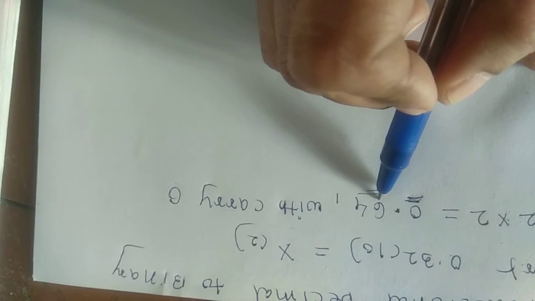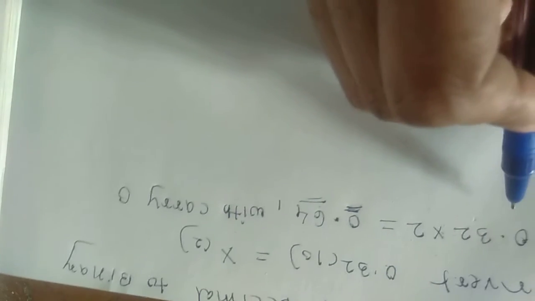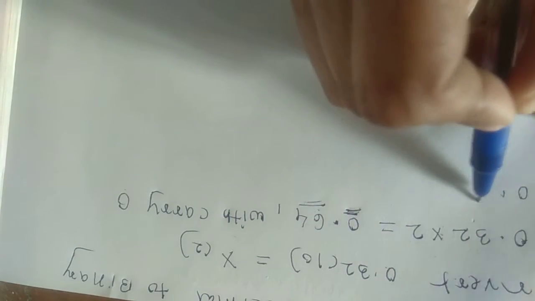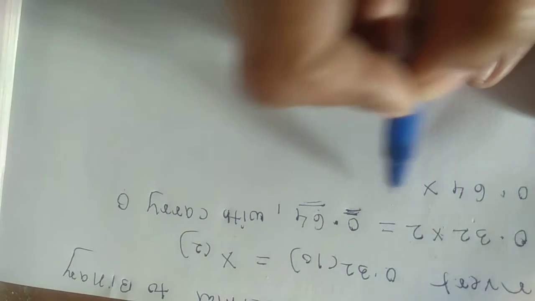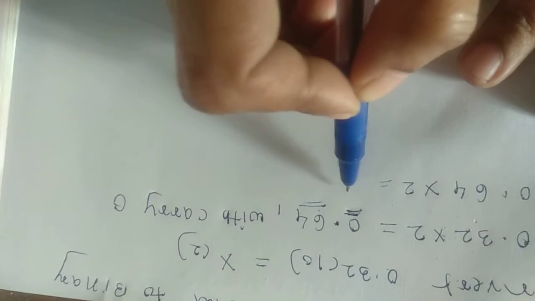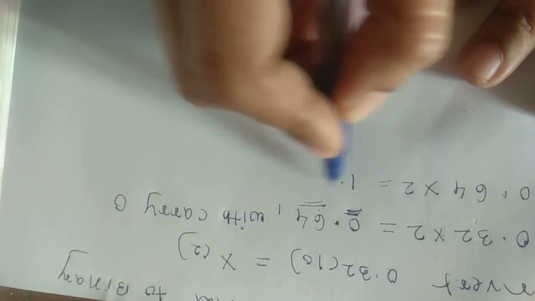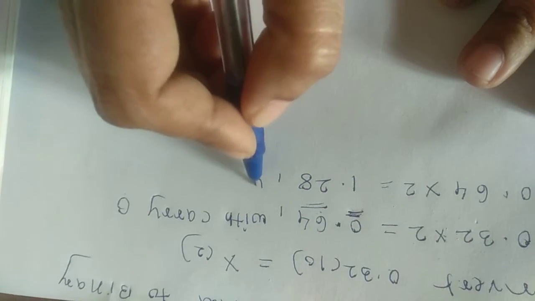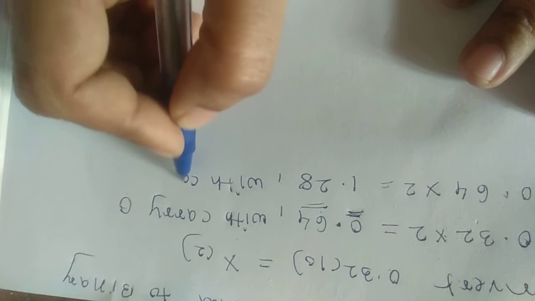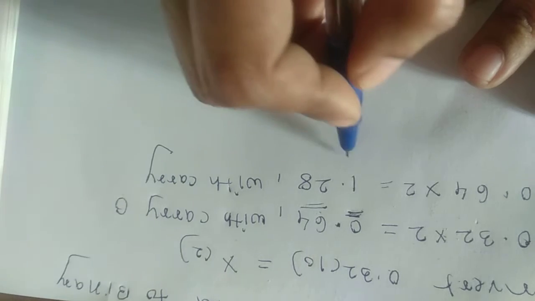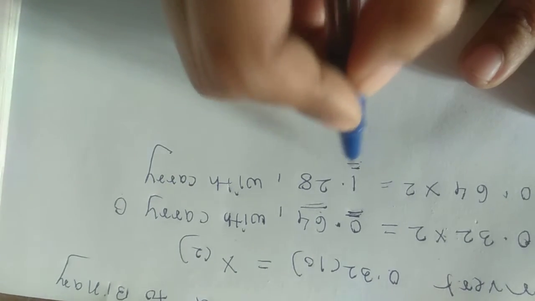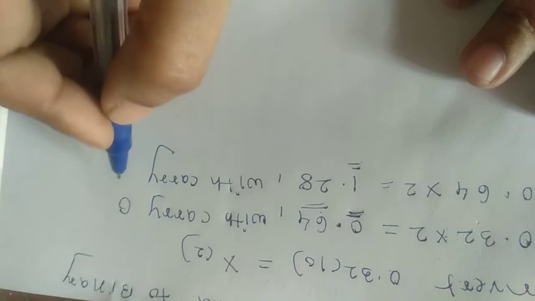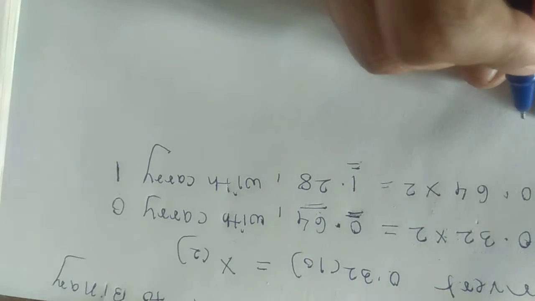Whatever integer is there will be called the carry. Now here we have got 0.64. Again multiply this by 2. This will give you 1.28. Again I will write with carry 1. Whatever integer is there, you consider it as carry.